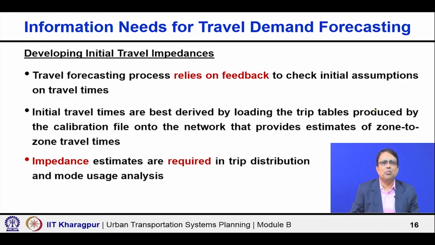Initial travel times are best derived by loading the trip table produced by the calibration file onto the network.